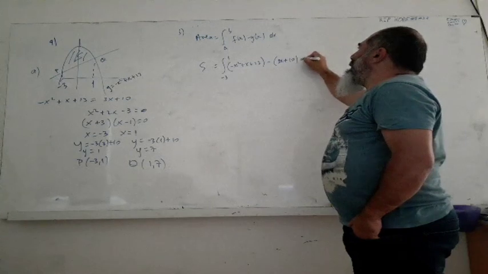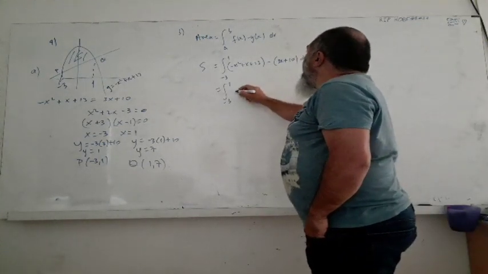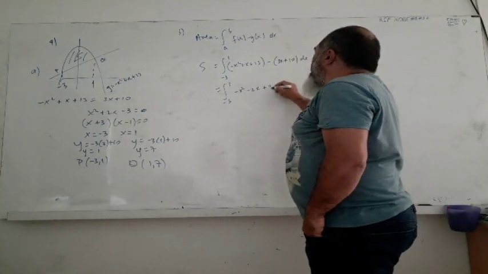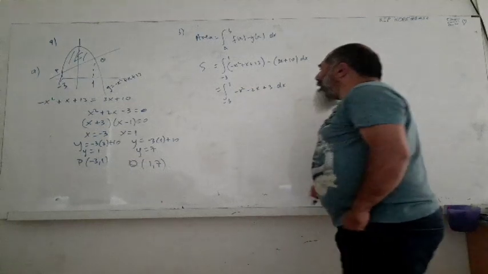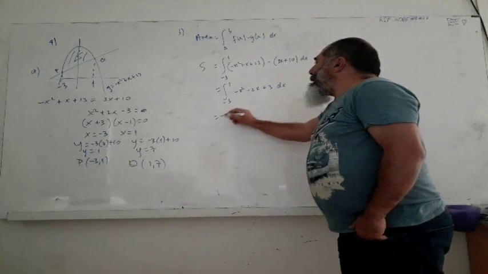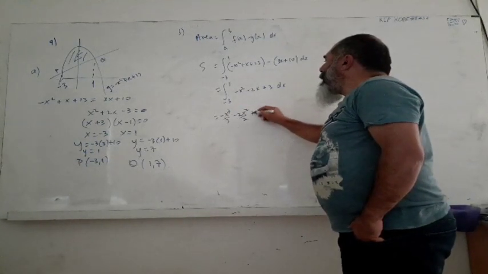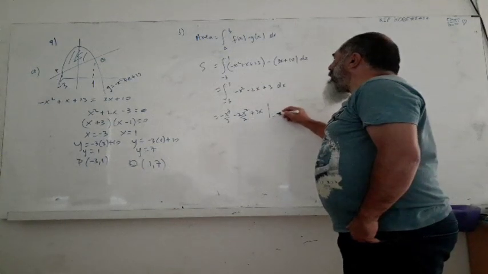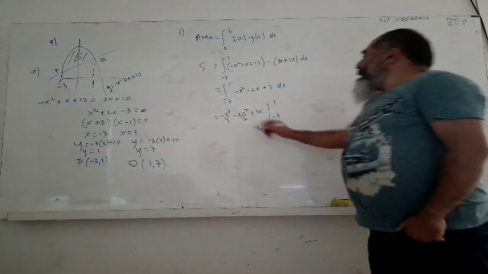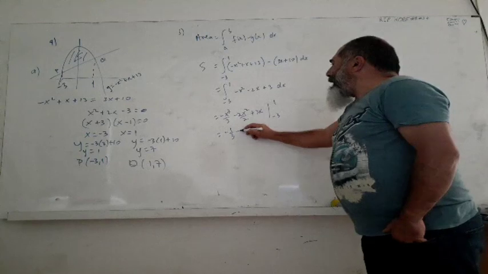So from minus 3 to 1, minus x squared minus 2x plus 3 is the expression that we are going to integrate. Minus x cubed over 3 minus 2x squared over 2 plus 3x from minus 3 to 1. Substitute 1 there. It is going to be minus 1 over 3 minus 1 plus 3.